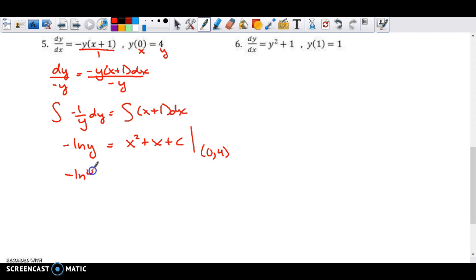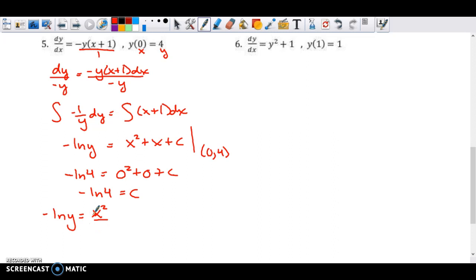So negative ln 4, 0 squared plus 0 plus c. Well, this is all just going to cancel out, so that means your c has to be negative ln 4. Take that, plug it back into the original one here. So we're going to have negative ln y plus all that stuff.